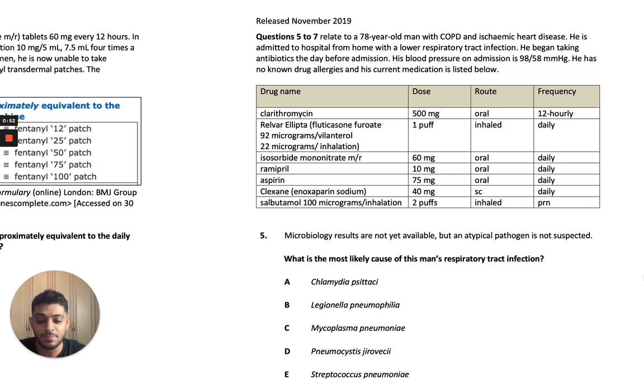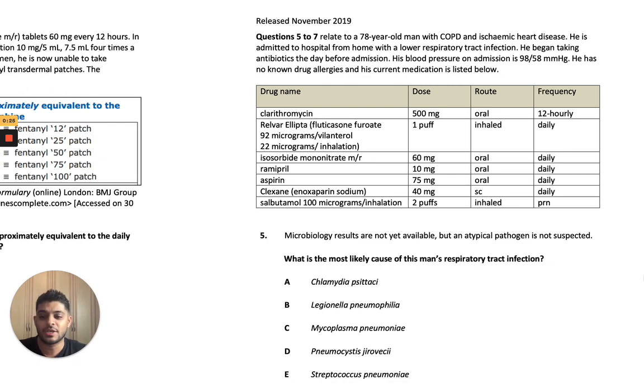And this is a type of fungi. This is a more serious respiratory tract infection that normally occurs in circumstances where a patient either has HIV or is severely immunocompromised. But at the same time, you're looking at the likely causative organism and you don't have microbiology results. So here the likely causative organism will be Streptococcus species.